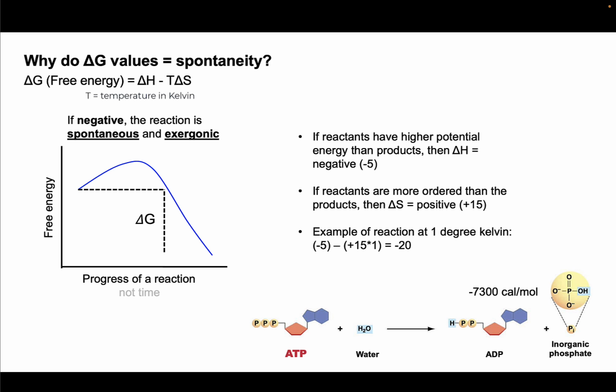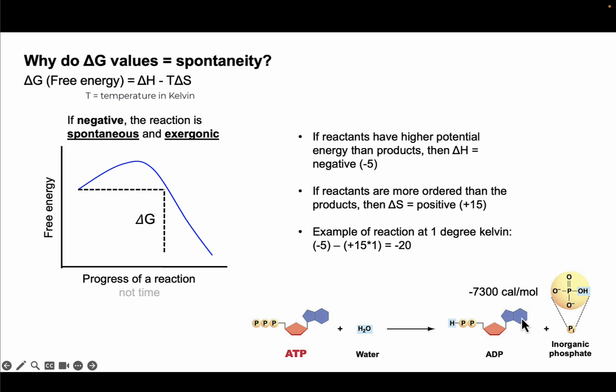And I just want to point out here the hydrolysis of ATP into water. ATP is this high energy molecule. We'll talk more about it in the next video. When this is hydrolyzed, you get the detachment of one of these phosphates here.